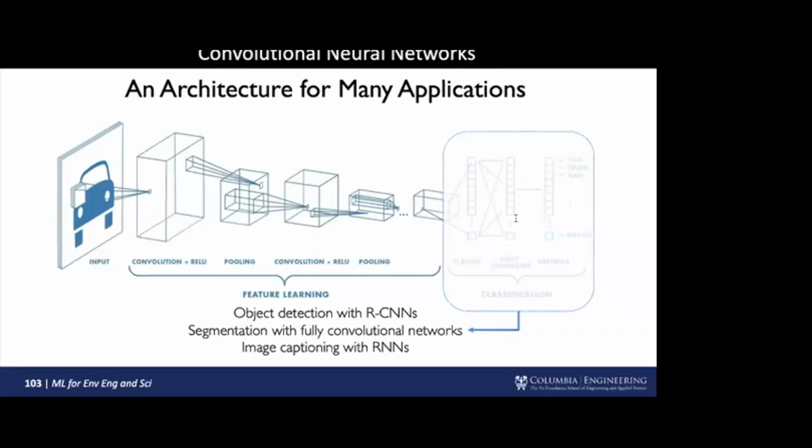For object detection, we attach detection heads like in R-CNNs. For segmentation, we use fully convolutional networks that output pixel-level labels. For image captioning, CNN features are passed into RNNs or transformers. So the same CNN backbone can support many different tasks. That's why CNN became a foundational building block in computer vision.